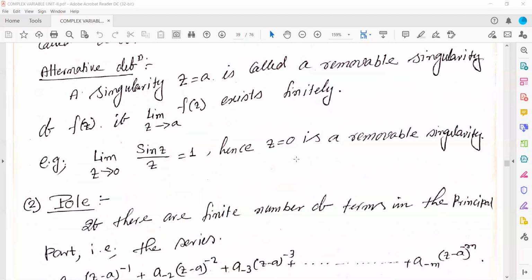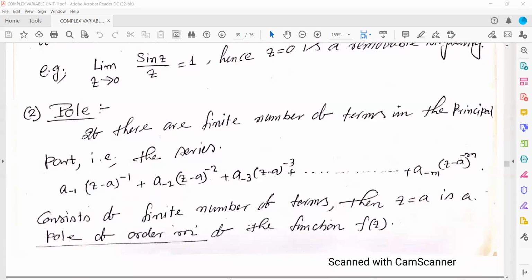Okay. Next is the pole. What do we mean by a pole? A pole is when there are a finite number of terms in the principal part. The principal part is a minus n times (z minus a) to the power minus n.